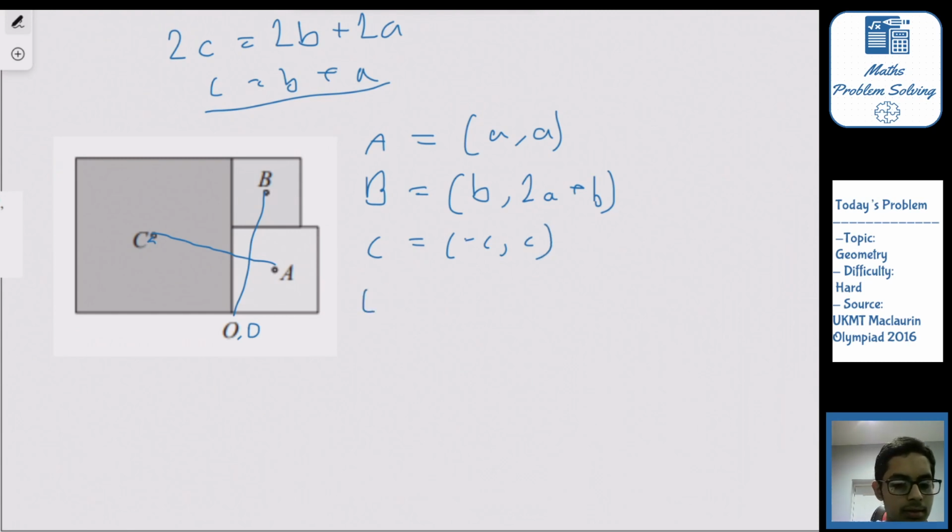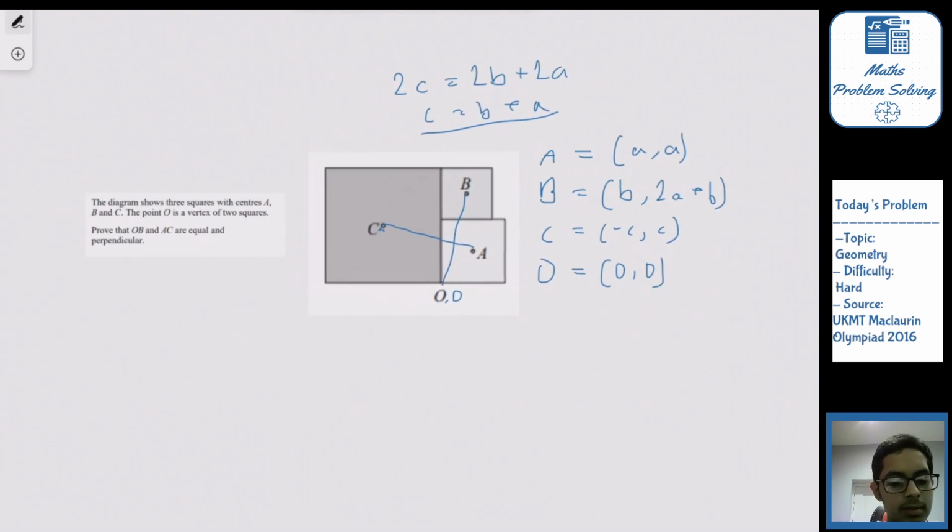And point O is (0, 0). We'll write it here because it will help us with the future part of this question.